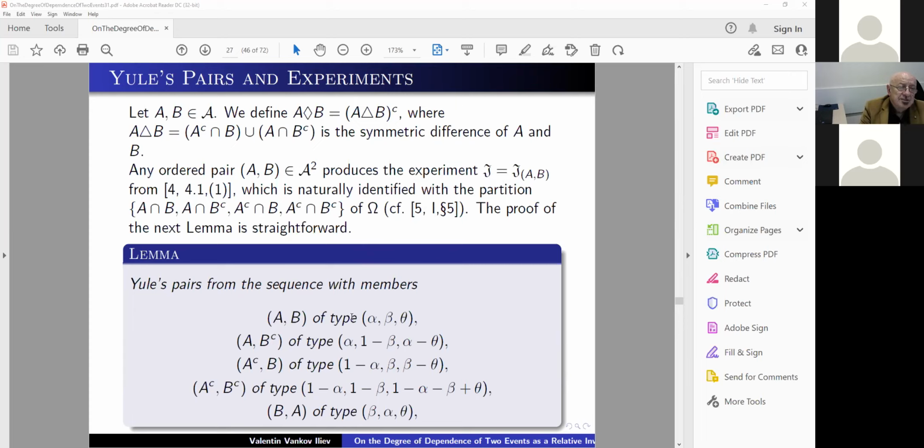This is AB itself, and here are the types of the corresponding pairs. AB has type alpha, beta, theta. Theta is the probability of the intersection of A and B. And then ABC has this type, alpha, 1 minus beta, alpha minus theta. ACB has this type, 1 minus alpha, beta, beta minus theta.